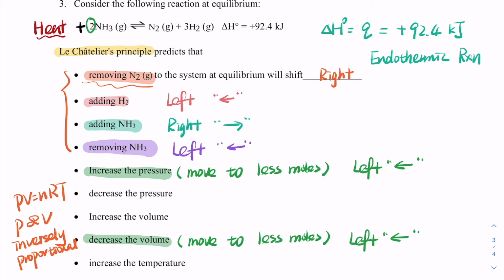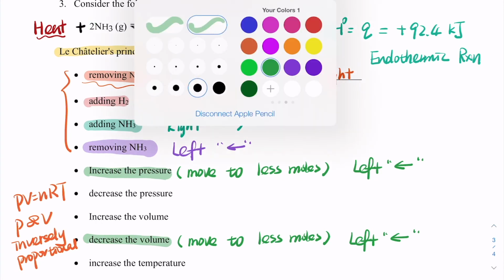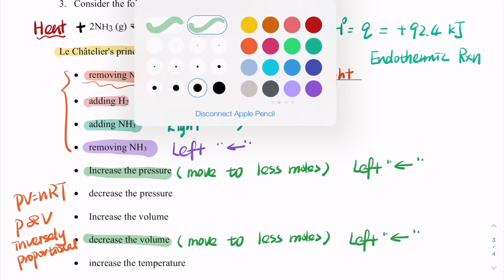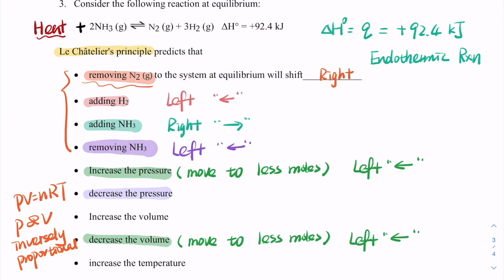I believe you already know what the answer should be for the other two, but let's take a look again. Decreasing pressure is the same as increasing the volume. They come along with each other. When you decrease the pressure, you can have more room, and when you have more room, you can fit more people.